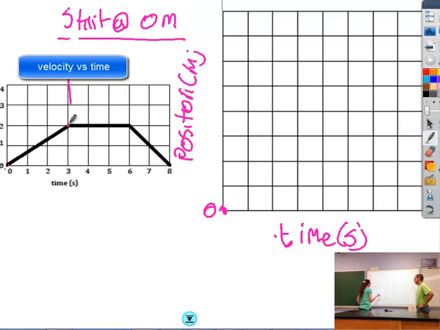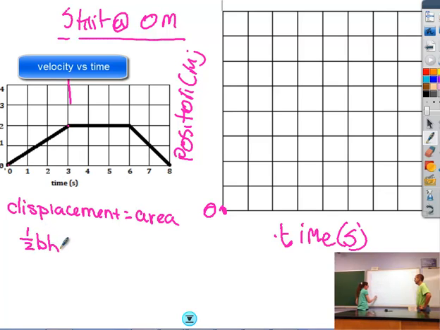Remembering from the activity, my displacement was the area. Now that's a triangle. Does that make area hard? Oh no, area of a triangle, 1/2 base times height. My base looks like it's 3, and my height looks like it is 2.